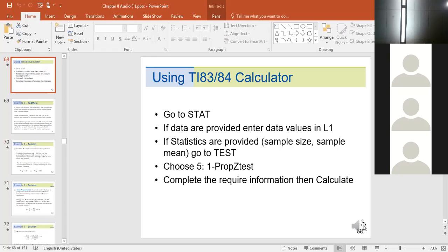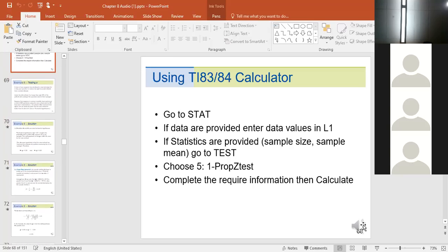If you have questions about the use of your calculator, let me know. What do you have on H0?